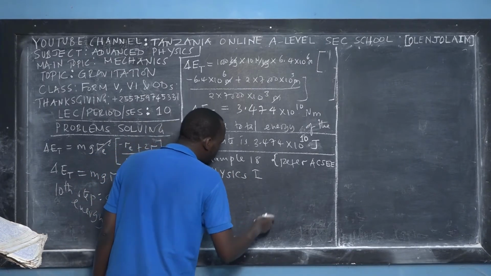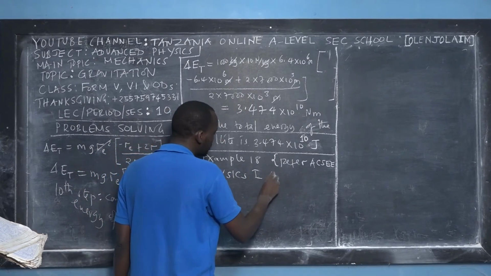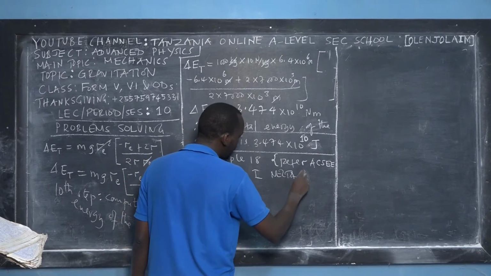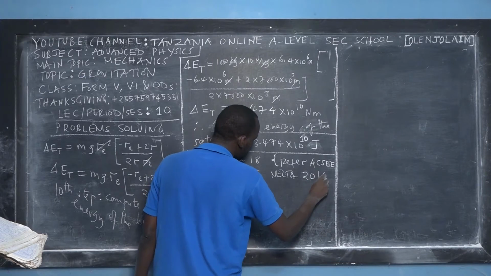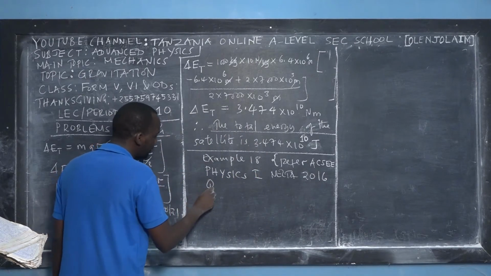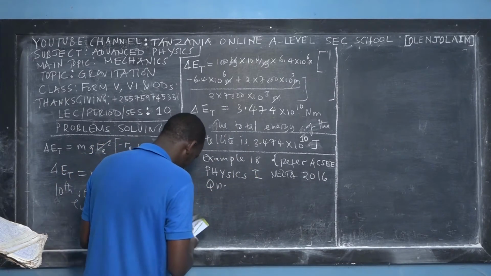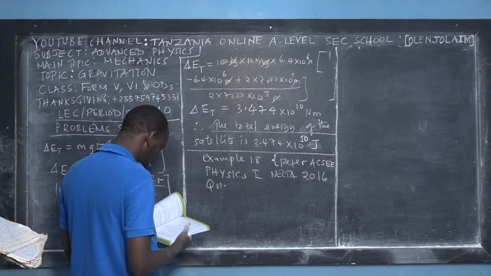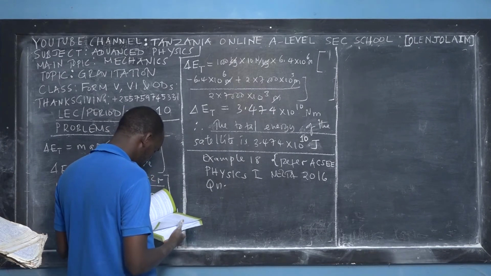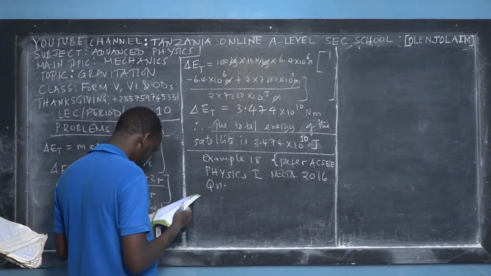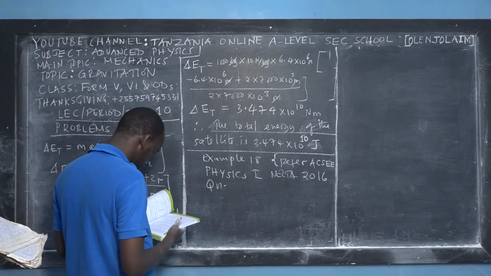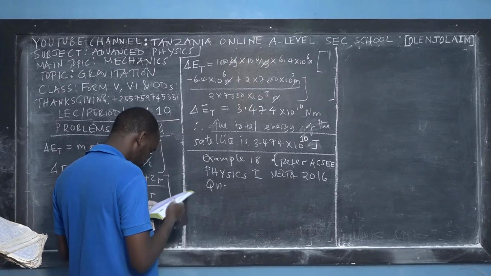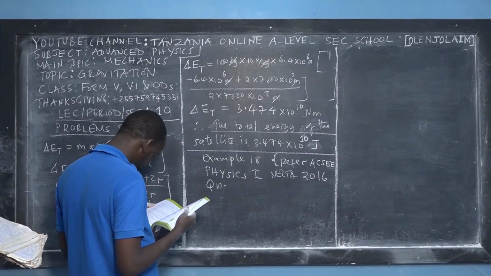And then the year, I would like just to say that let us solve the NECTA of 2016. It was question number 6, maybe question number 5 or 6. So let us write it for you to try many questions and test yourself. I insist you have this review book, as I told you in the beginning.